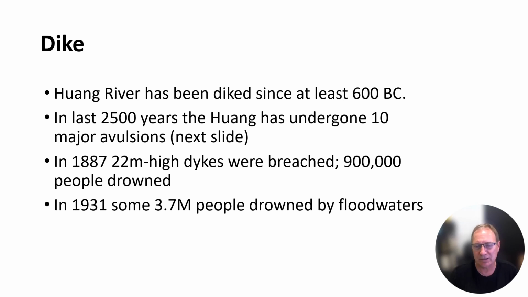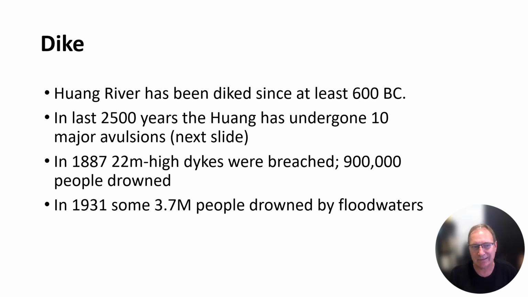Multiple avulsions, and an avulsion is where the water comes in contact with the bank, and that friction causes the bank of the river to break away to the point that the water overtops the bank and then moves into a given area. Maybe a town, maybe a community, maybe a neighborhood.